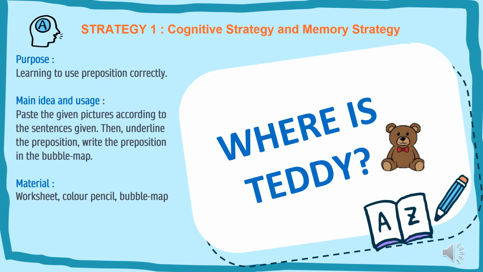So the steps: the teacher enhances their previous knowledge by going through what they have learned, what prepositions are, then will distribute worksheet 1, find the picture, match it, paste the picture accordingly, and then read aloud. This is for recalling and also for memory purposes. They will say aloud the preposition and underline it, and later they will fill up the bubble map.